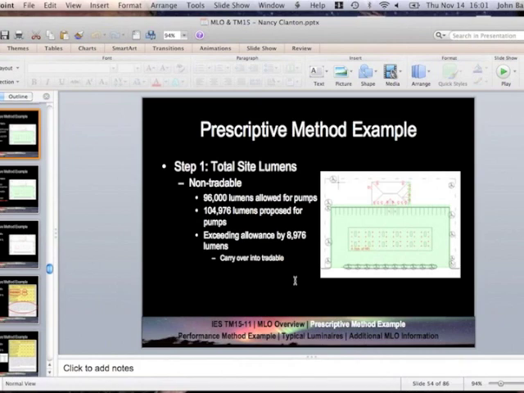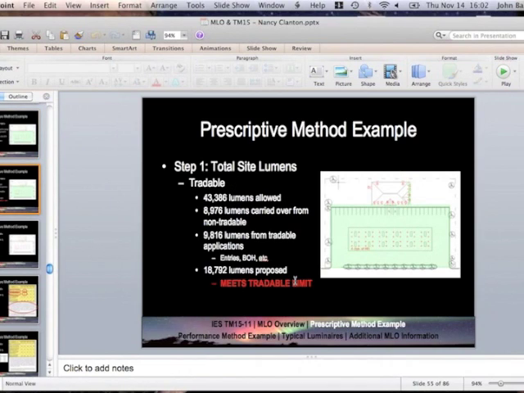Ooh, we better go back to our tradable lumens and see if we can round up a little less than 9,000 lumens to apply to the canopy lighting. And with that, yes, we're able to do that. We're able to round up 9,800 lumens from the tradable applications. So therefore, we meet the tradable limit.